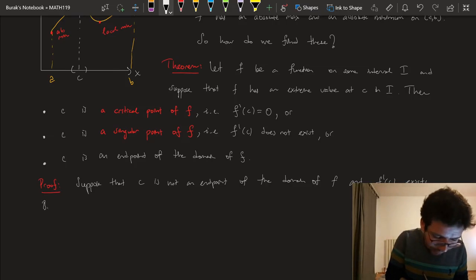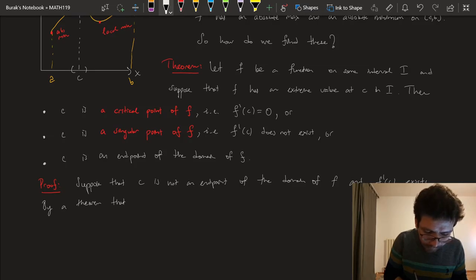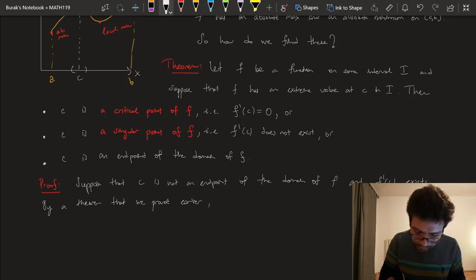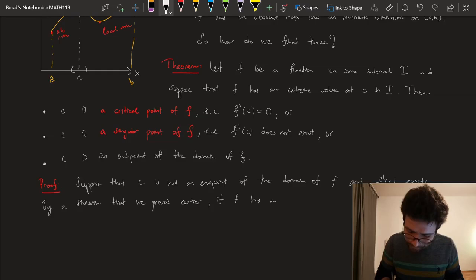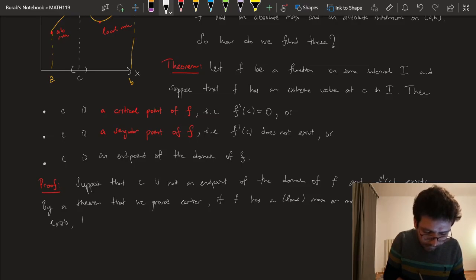Now, by a theorem that we proved earlier, if f has a local maximum or minimum at c and f prime of c exists, then f prime of c has to be 0.